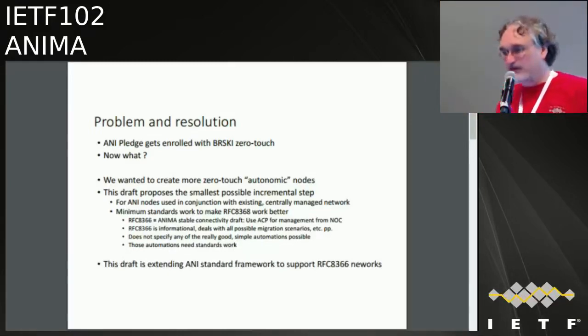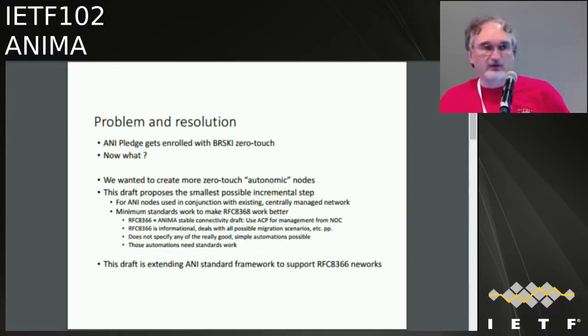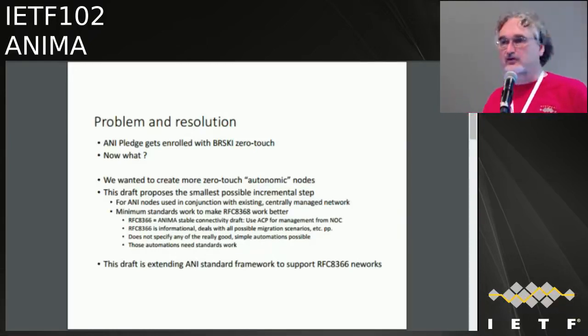So I've been doing this stable connectivity for the traditional networks where you have a centralized NOC that's doing everything, which is the way we can deploy the ANI today. And so I'm proposing here a very simple solution to auto-configure the minimum services, so that a device, after bootstrap enrollment and the ACP coming up, continuously through its lifetime discovers the most crucial services that the NOC can have, so that the NOC can continue to auto-configure it, right?